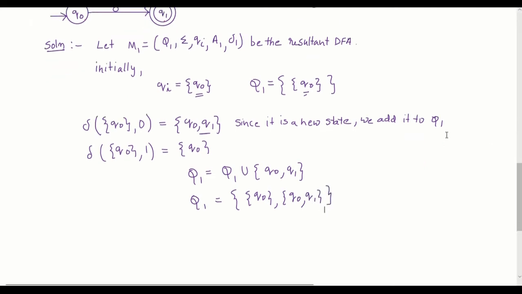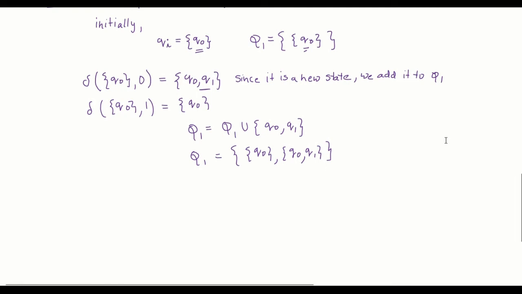Should we stop? No, because there is yet another state, Q0 Q1, whose transitions are not yet considered. So we have to go to the new transition. Again do the same procedure. You find out del of this new state Q0 Q1 on reading 0, and then del of that same state Q0 Q1 on reading 1.